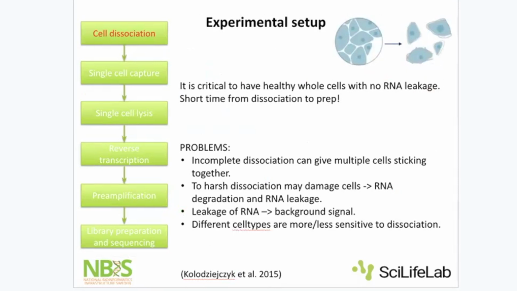For immune cells also? If you're looking at tumor infiltrating immune cells, then you have to take your tumor, dissociate it to get out the T cells or whatever you're looking at. But if you're looking at blood immune cells, then you're fine. Then you don't need to dissociate.